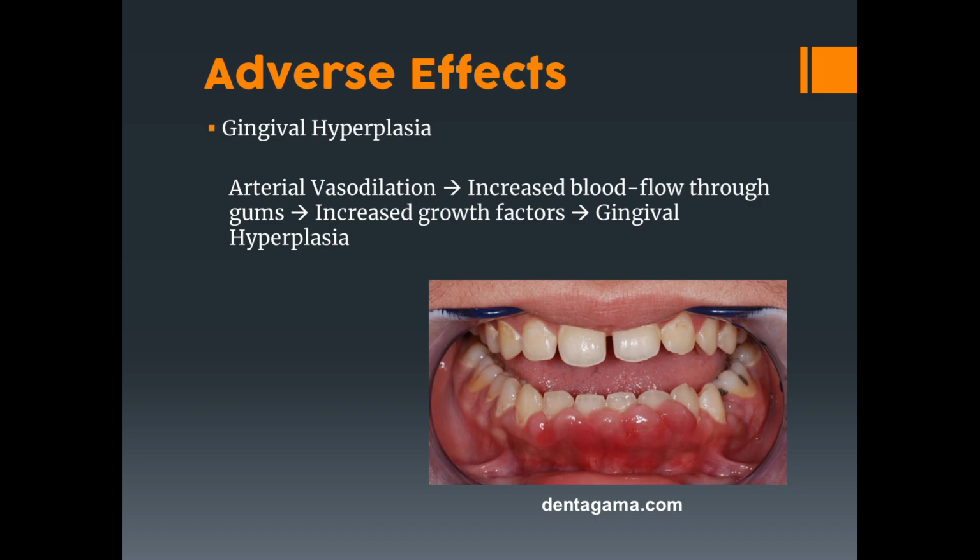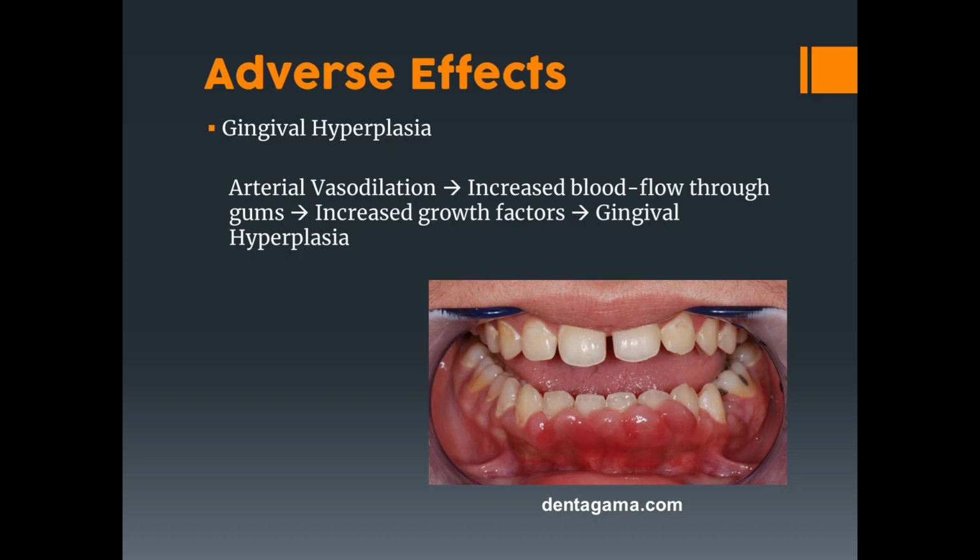The first adverse effect that is common to all CCBs is gingival hyperplasia. Now, gingival hyperplasia is associated with long-term use of CCBs. You are not going to see gingival hyperplasia if a person has just started taking their CCB. So, gingival hyperplasia acts via the main mechanism of CCBs. CCBs cause arterial vasodilation that causes an increased blood flow through the gums.